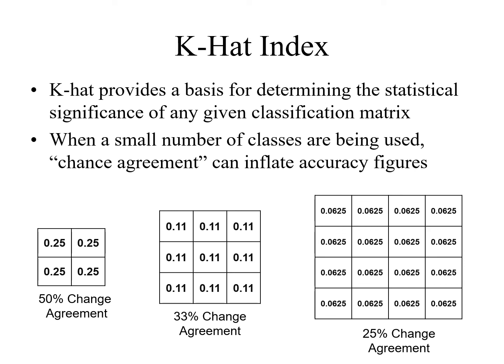So for instance, you can look at the 3 by 3 classes, and there's about a 33% chance agreement that gets added onto whatever your accuracy actually is or appears to be. And then when you get to 4 by 4, you've got a 25% chance agreement. Again, no effect of what you've done, just randomly.